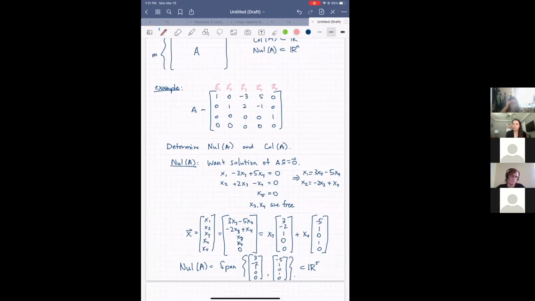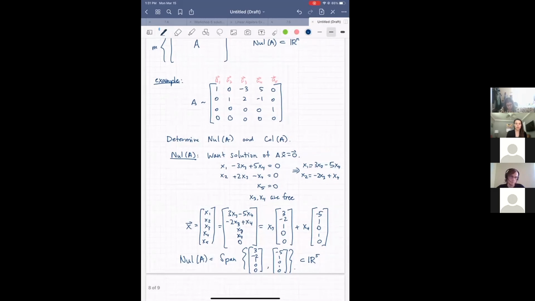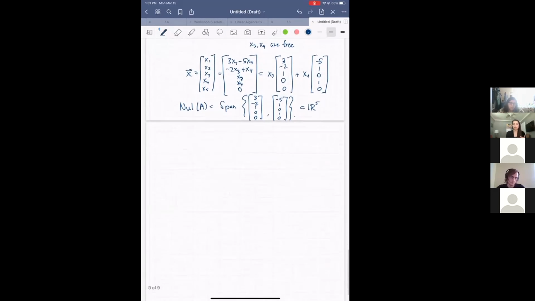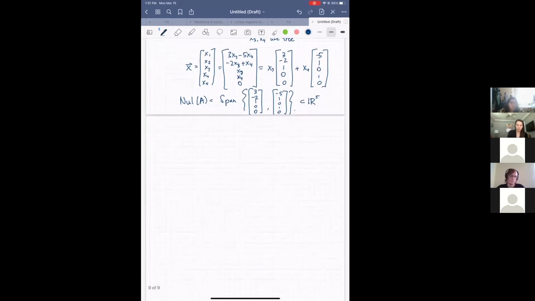To write down the column space is not that hard. We could just say, oh, it's the span of A1 through A5, right? And that would be it. But we have more information than that. We know that A3 and A4 can be written as linear combinations of the others, right? Because of the form it's in. It's not hard to see that.